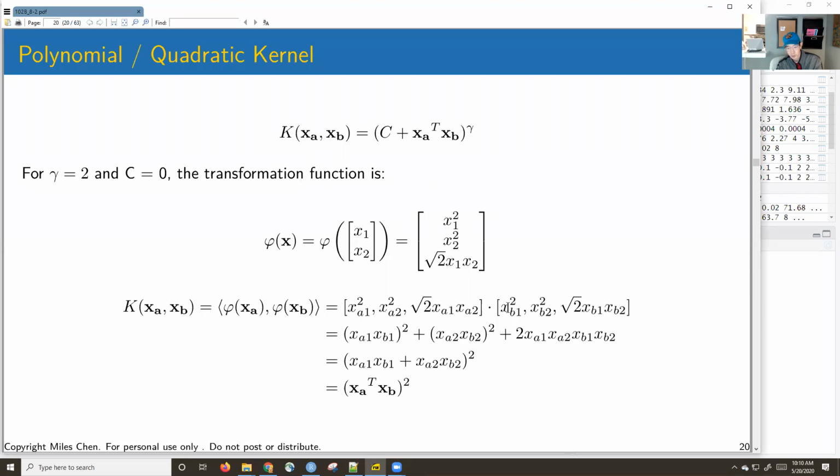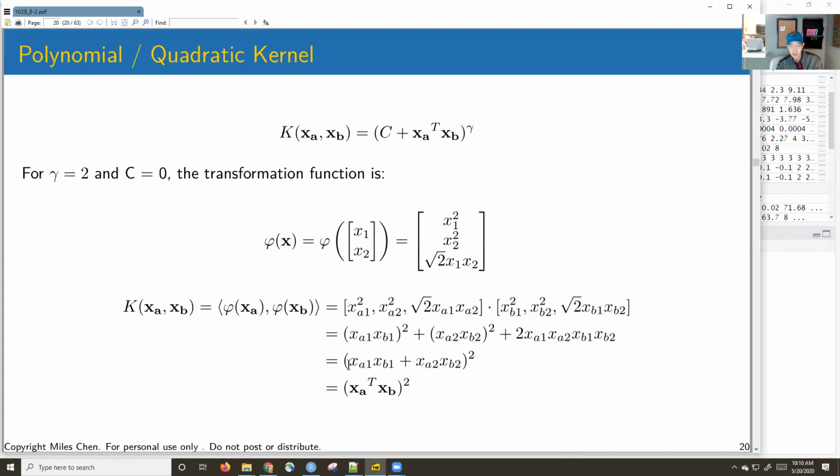So we take the first elements, we multiply them together. And then we take the second elements and we multiply them together, and that's equivalent to that. And then we take the third elements and we multiply them together, and you get 2 xa1, xa2, xb1, xb2.